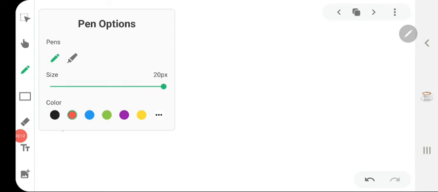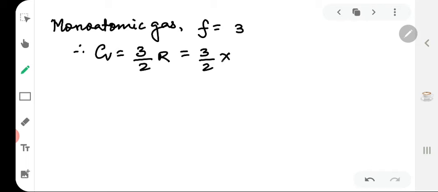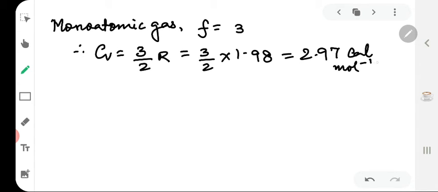First of all, for monoatomic gas, we know that F is equal to 3. Therefore Cv will be equal to 3 by 2 R, that is 3 by 2 into 1.98, that is 2.97 calorie per mole per Kelvin.